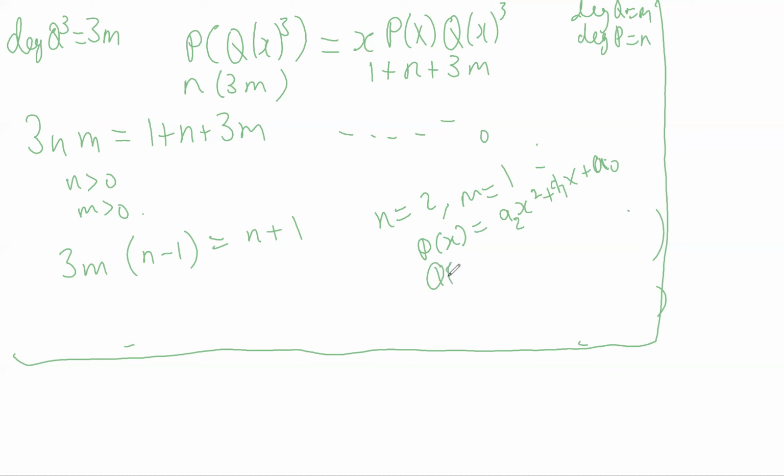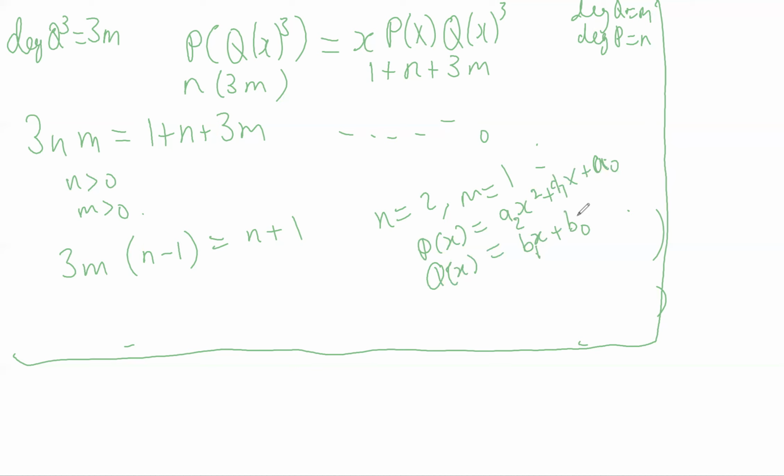Q of x equals b1x plus b0. Oh, I see. This could still be quite a trek, huh? Even knowing that. So maybe the other approach did help a little bit.